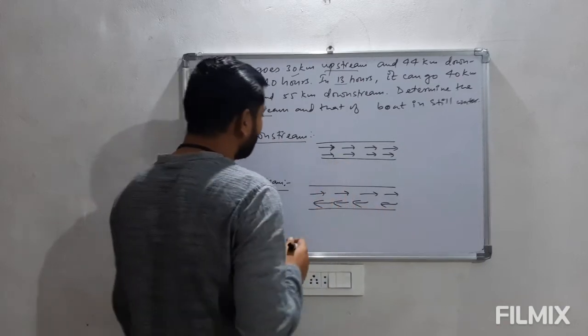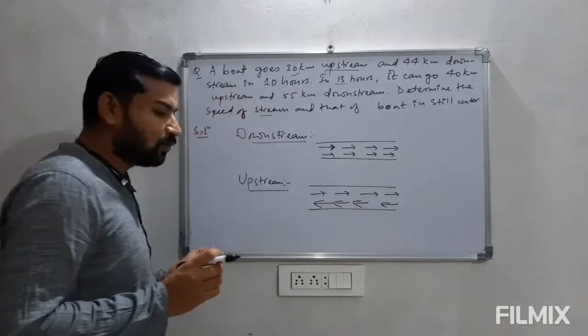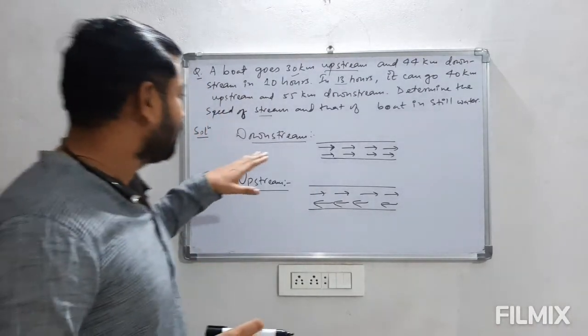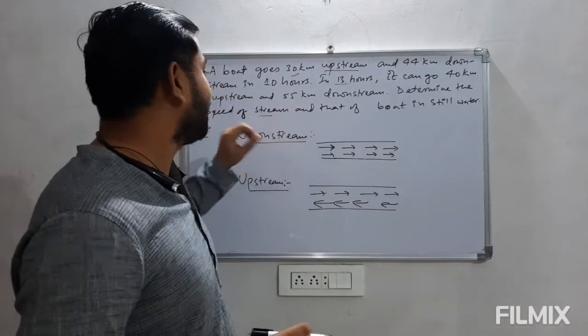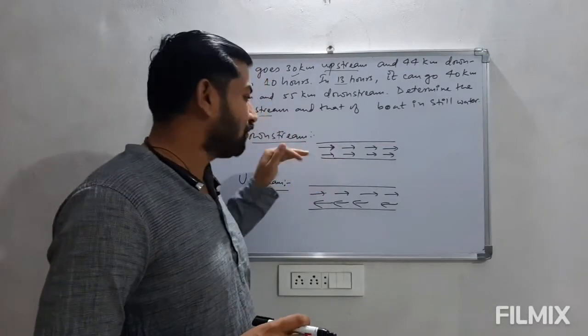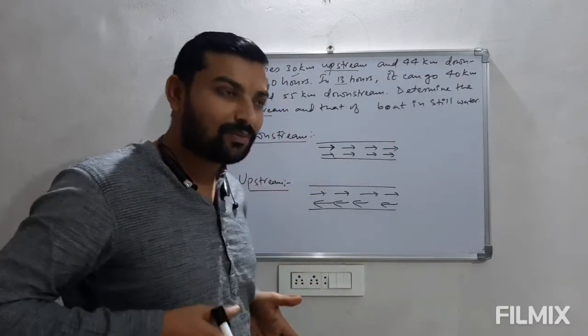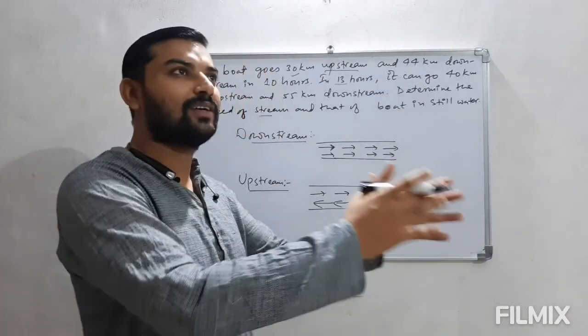Now in case of downstream, whenever we try to move from one place to other, the boat will get the speed of the stream as well, because we are moving with some speed and the water is also moving with us.